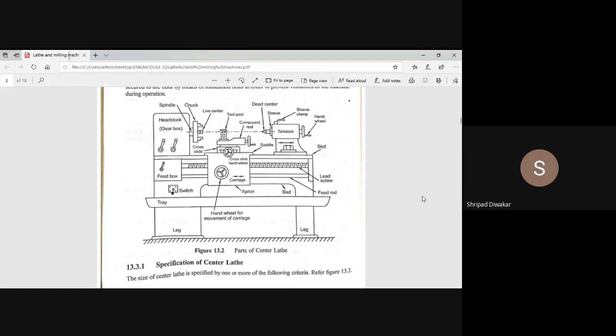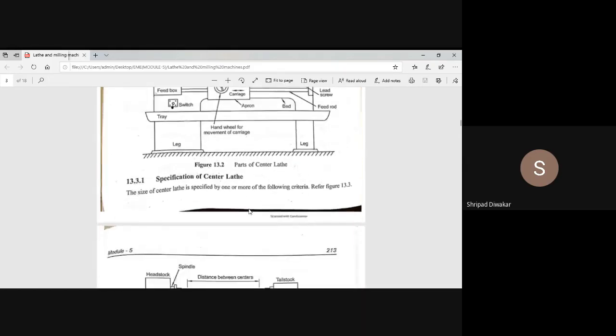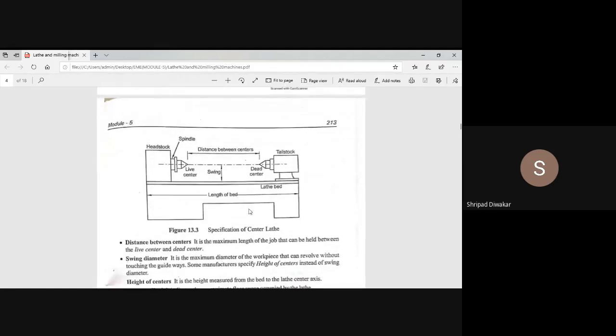In lathe machine, we can hold the cylindrical job in the spindle. Okay, and the workpiece rotates, and these are the different parts of a lathe machine. Yesterday I discussed specification of the lathe machine, means we are having one headstock and one tailstock. We can fix the cylindrical job in between these two centers.